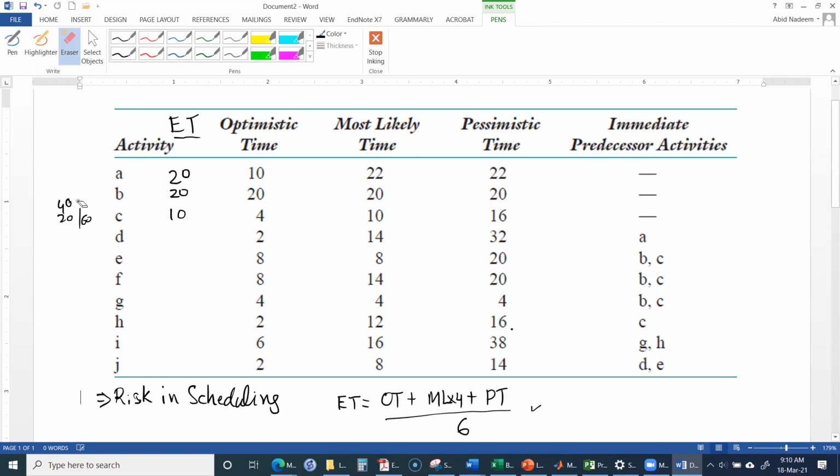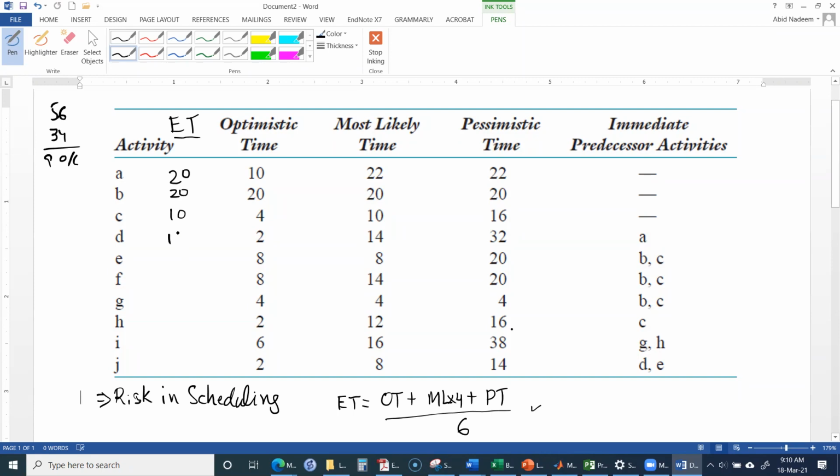And then for activity D, we calculate it. 14 times 4 is 56, 56 plus 2 is 58, plus 32 is 90. So 90 divided by 6 is 15.